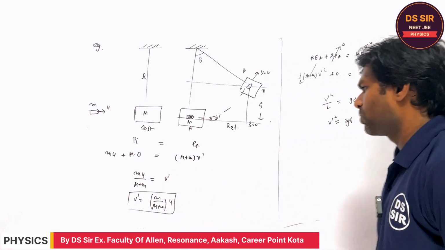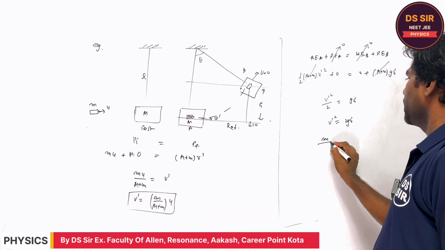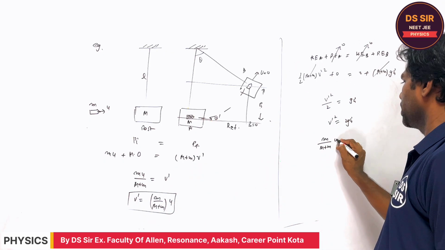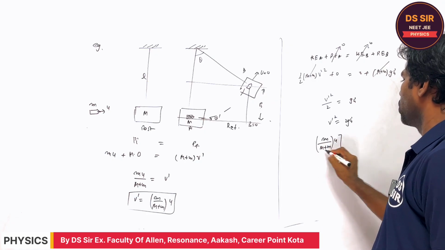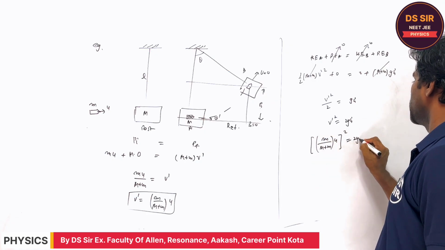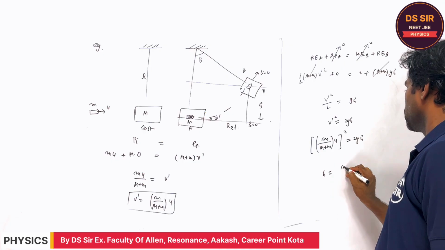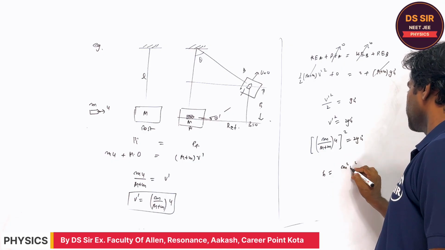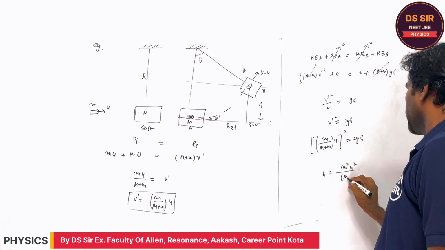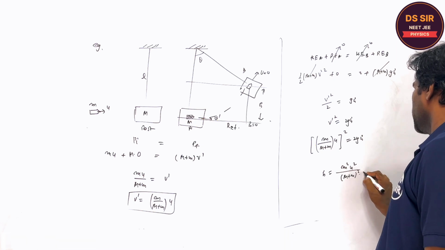And this is the v dash square. V dash is nothing but m into u upon M plus small m, whole square, is equal to 2gh. h is equal to m square u square upon M plus m whole square into 2g.